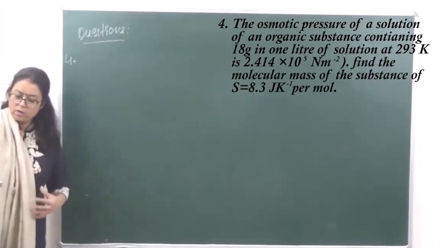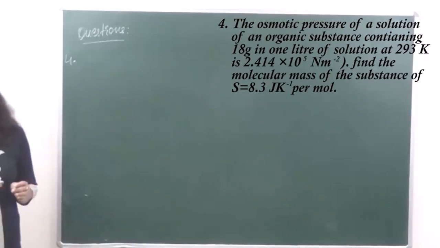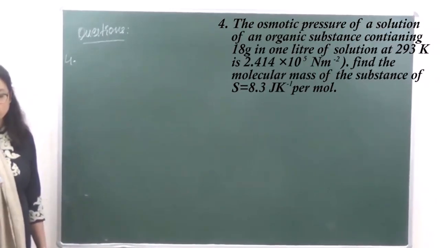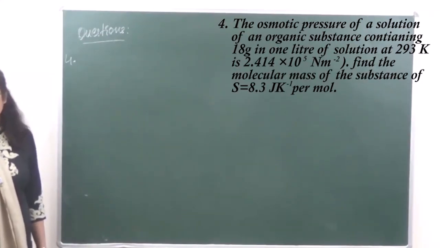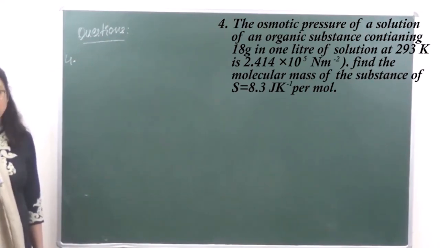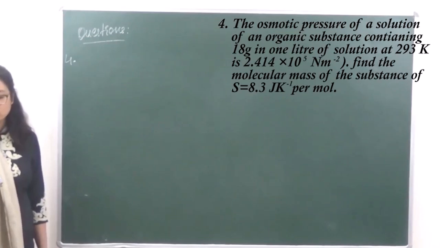Question number 4. What does question number 4 say? The osmotic pressure of a solution of an organic substance containing 18 grams in 1 liter of solution at 293 Kelvin is 2.414 into 10 raised to power 5 Newton per meter square.